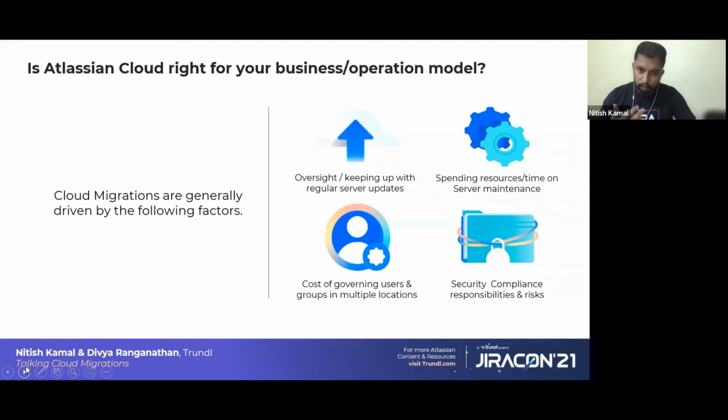Then what are the things which you will get? No end of licenses, no server upgrades, no maintenance cost in terms of handling an AWS server or a Linux machine or a Windows server. That kind of things are out of the table. So you don't have to worry about those things. Everything is done by Atlassian. Cost of governing users and groups in multiple locations. So you don't have to worry about having a different set of ADs if you're not planning to do that.